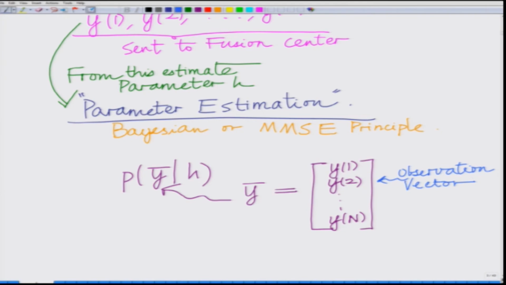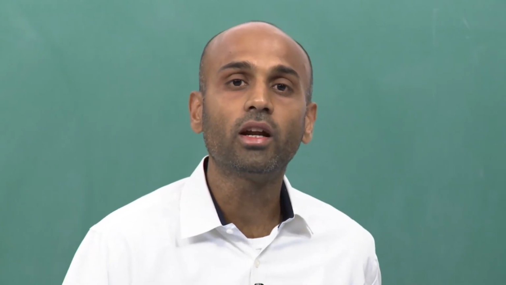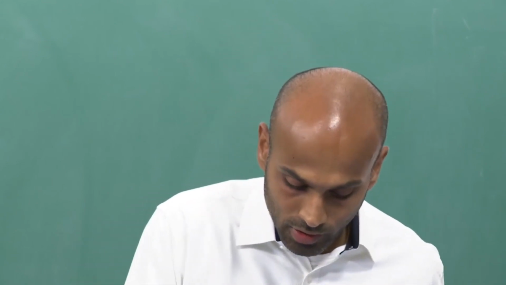Of course, H is the parameter. Therefore, what is P of y bar given H? This is the probability density function of the observation vector y bar conditioned on the parameter H. So, this is the PDF.